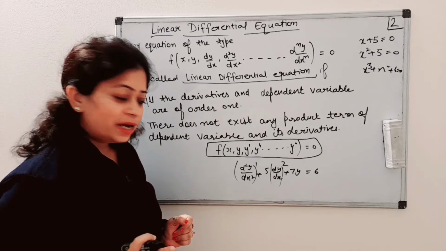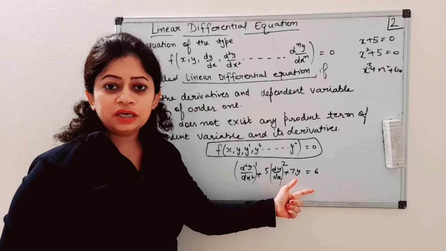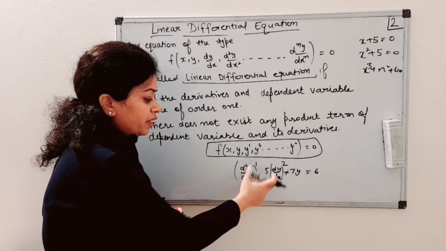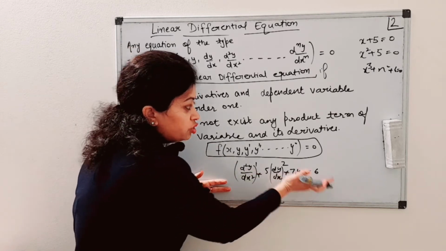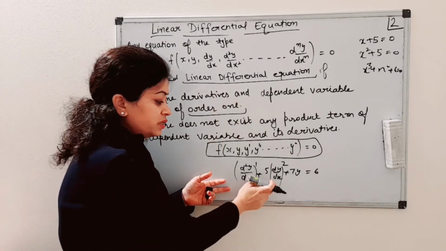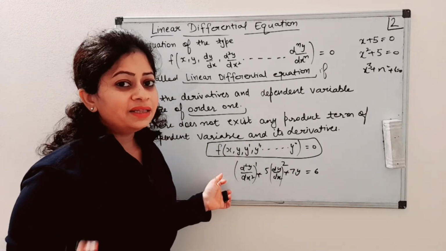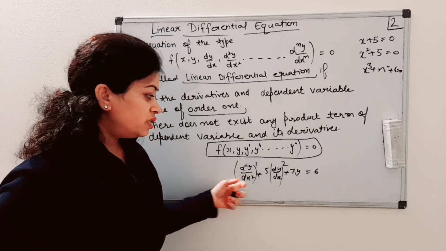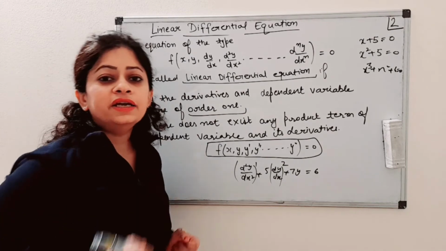First condition is that if we have a differential equation, all the derivatives in the equation should be of order 1. But in this, first order derivative is of order 2. So we cannot say that this is a linear differential equation. This is a non-linear differential equation.